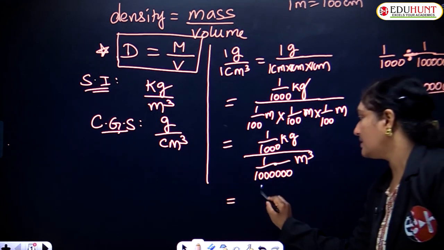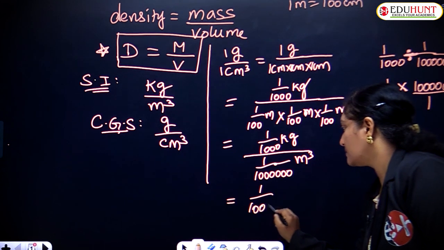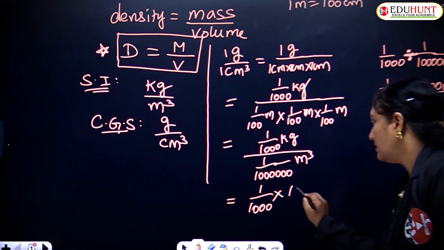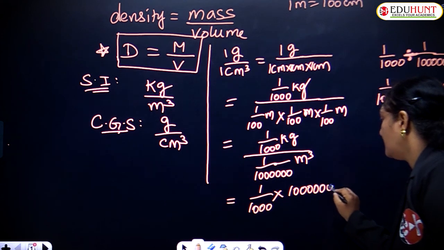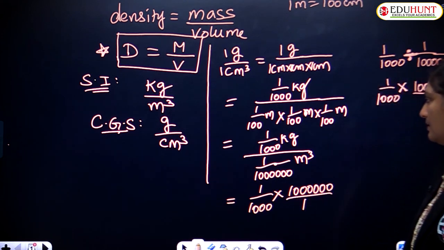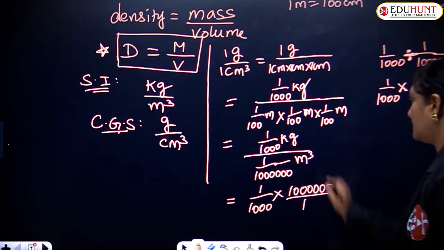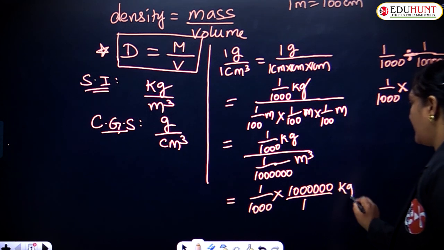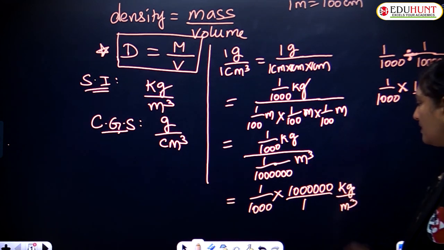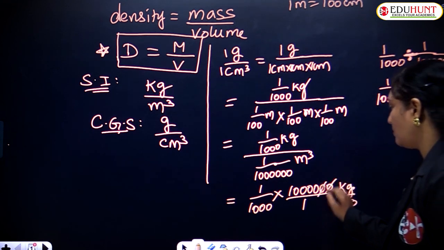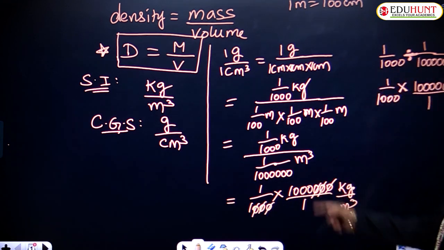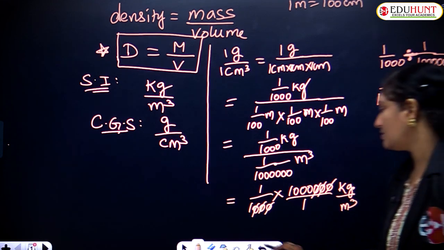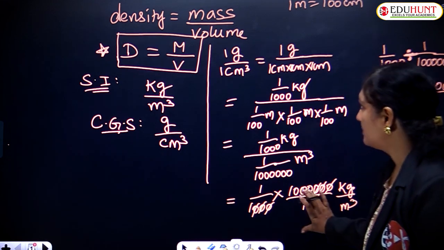So this can be written as 1 by 1000 into 10 lakhs. The units are kept as they are, kg per meter cube; only the number is changed. Now after simplification, 3 zeros get cancelled. So how many zeros are left over, children? 3 zeros.